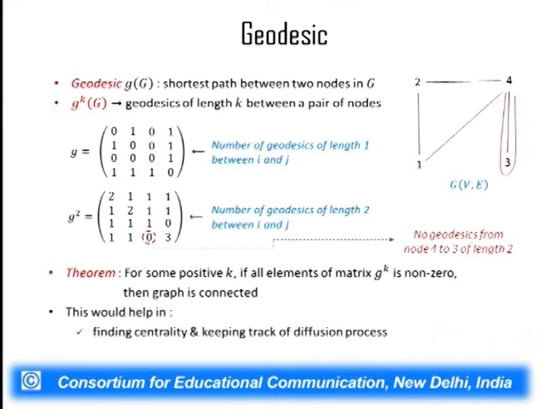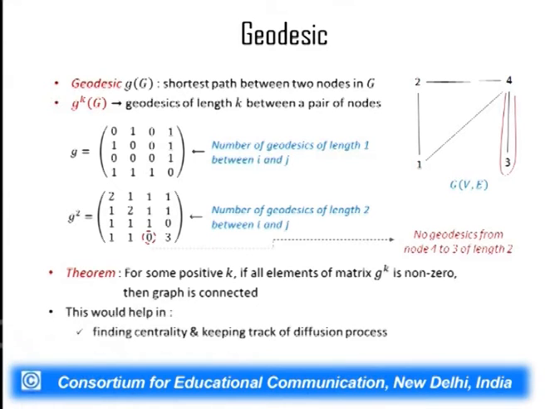Let's check out one more. In the last row, third column, we have 0. It means that there are no geodesics of length 2 from node 4 to node 3.